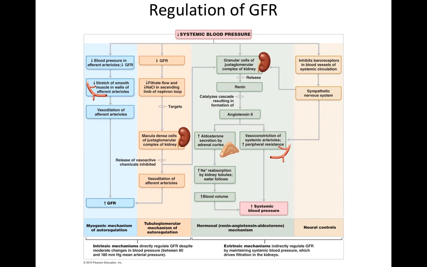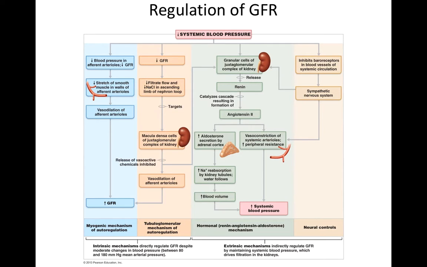But intrinsic controls are designed to maintain GFR despite blood pressure. So we vasodilate the afferent arteriole, and that is going to increase the volume. And we know as volume goes up, pressure goes up, GFR is going to increase to its normal range, and we have done our job.